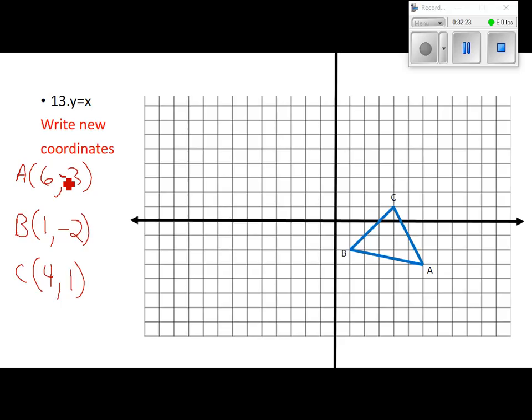We're doing a reflection over y equals x. Last time we had a rule. It said if you're reflecting in y equals x, it goes (x, y) to what?